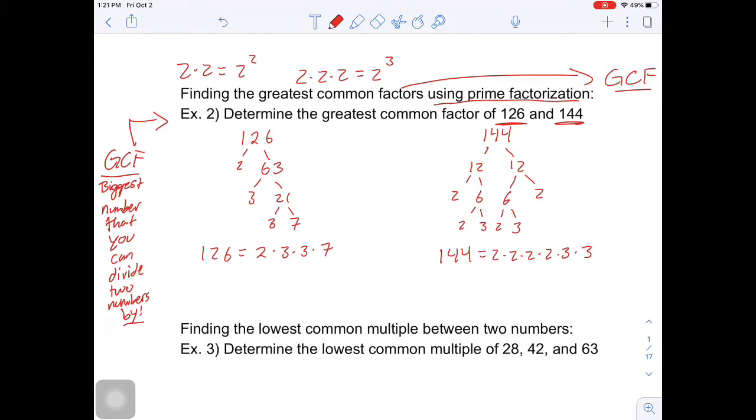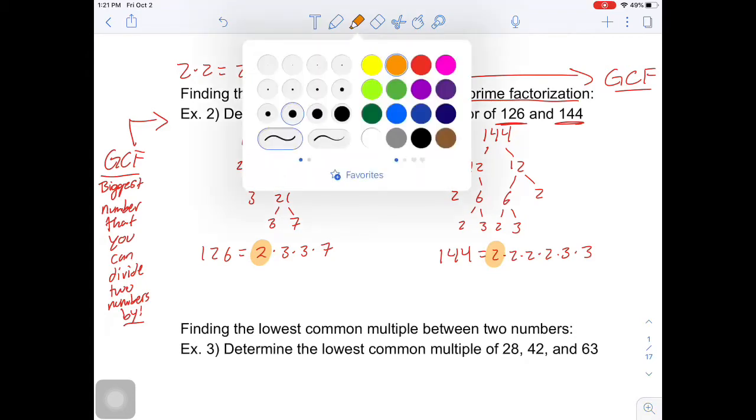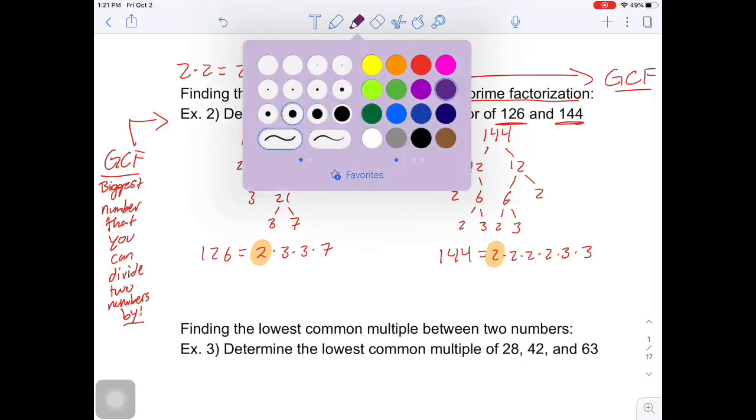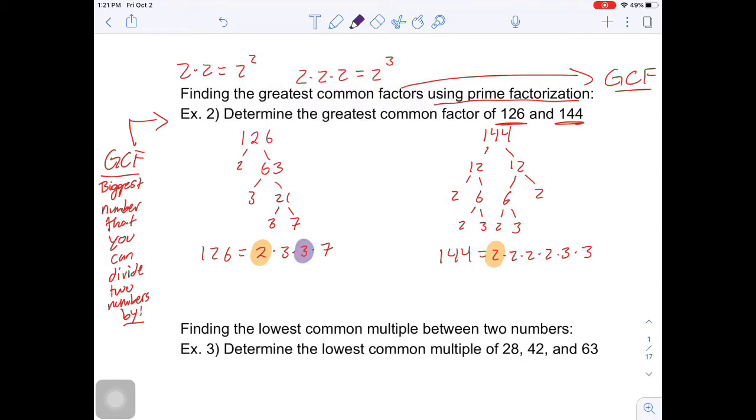Okay, so how do we use our prime factorization in order to figure this out? Well, you have to find the prime factors that they have in common. So here, both of these have one single 2. They also have 2 3's in common, and that's all they have in common.